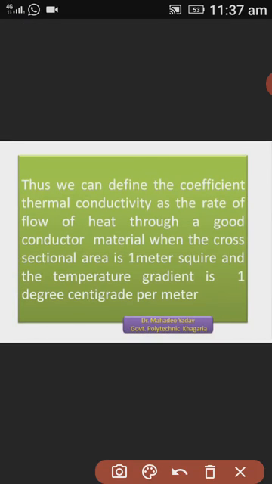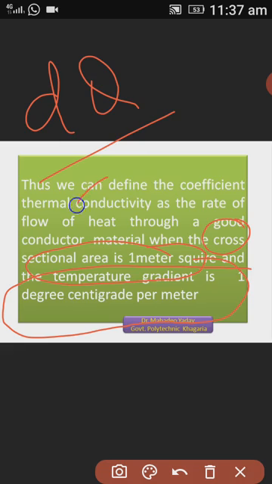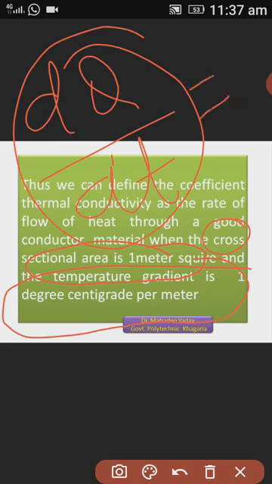When the cross-section area of the good conductor is 1 meter square and the temperature gradient is 1 degree centigrade per meter. In this case, the amount of the rate of flow of heat will be the thermal conductivity.